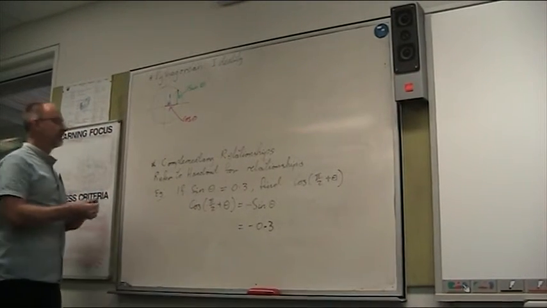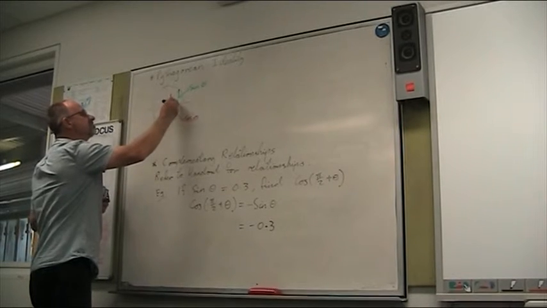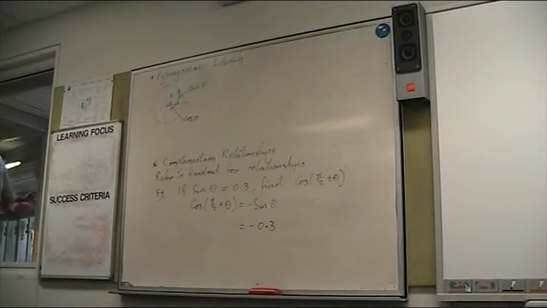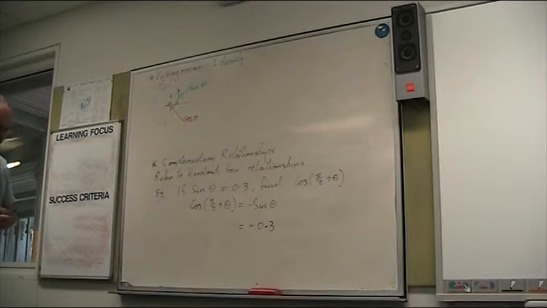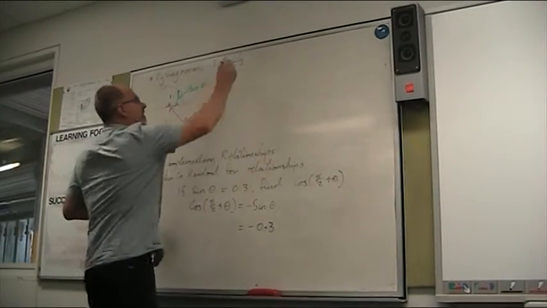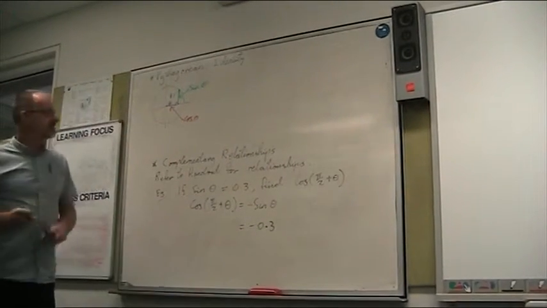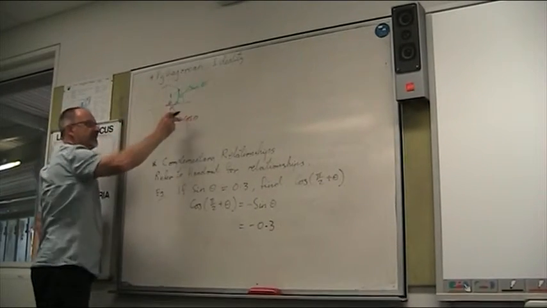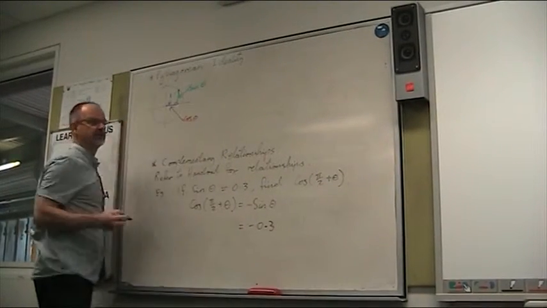And because it's a right angle down in here, we can use Pythagoras' theorem, which is a squared plus b squared equals c squared. In this case, a and b are sine and cos, and c is 1.